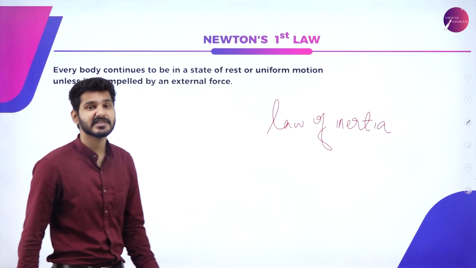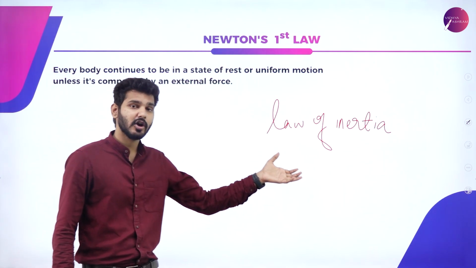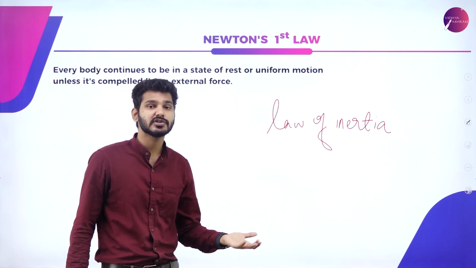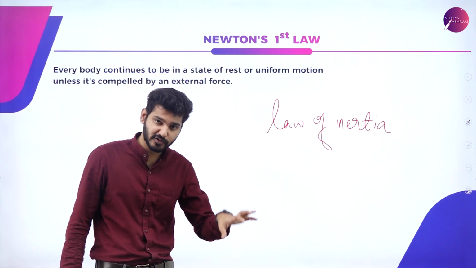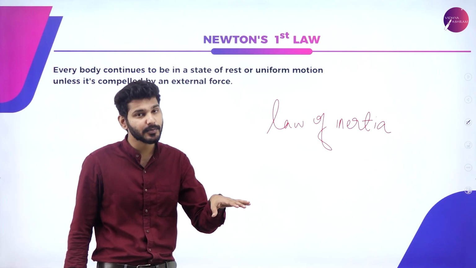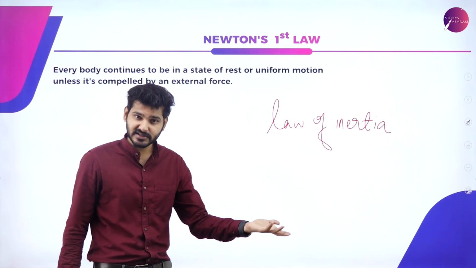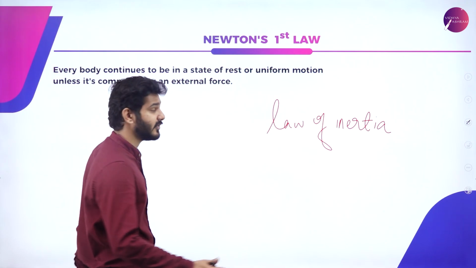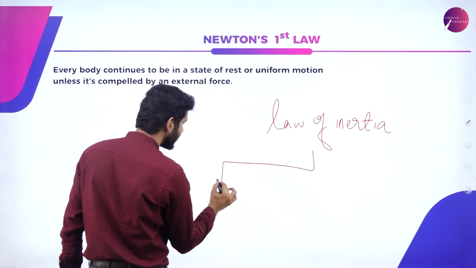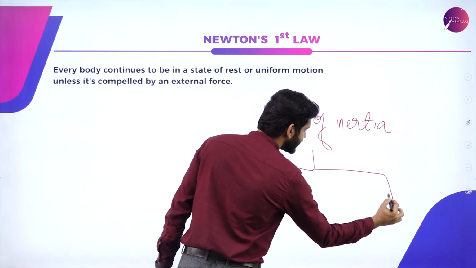Law of inertia just means that it is the law where an object continues to be in a state of rest or uniform motion unless or until acted upon by an external force. So depending on that, we can classify this into two sectors.